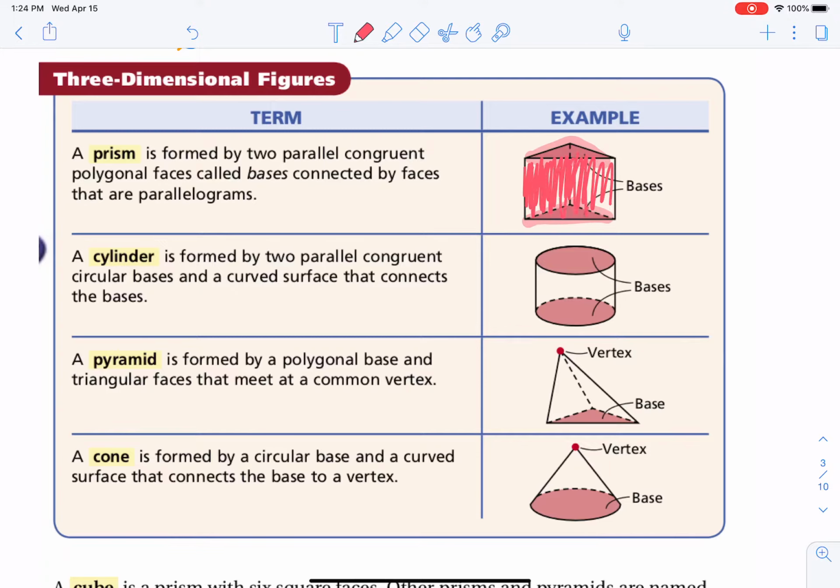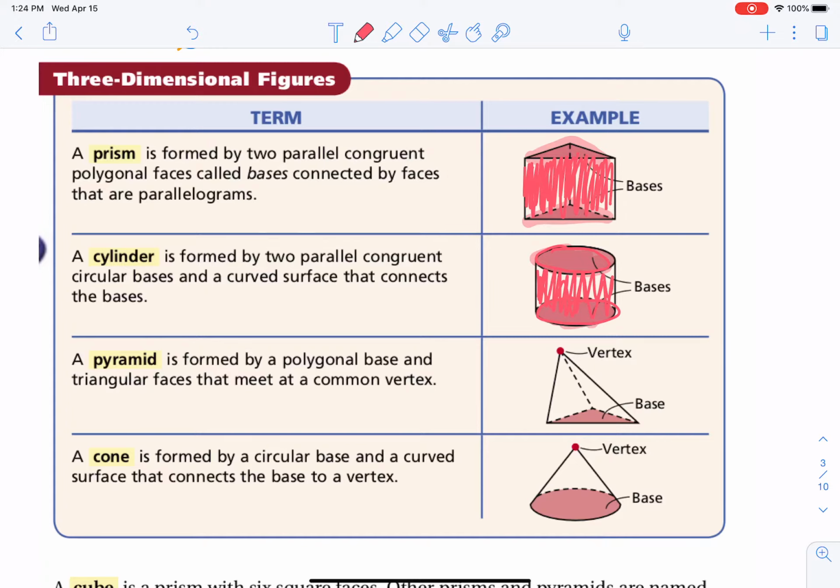So this one's called a triangular prism because the bases are triangles. So a cylinder right here just has circles as the bases, and then it is connected by basically a curved surface that goes all the way around. I think of it like a canned good going all the way around.